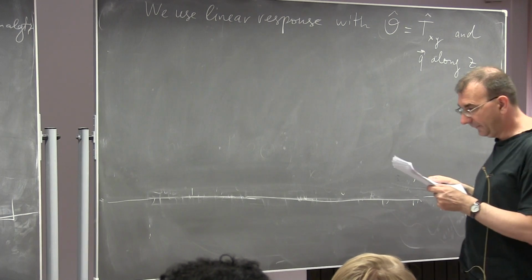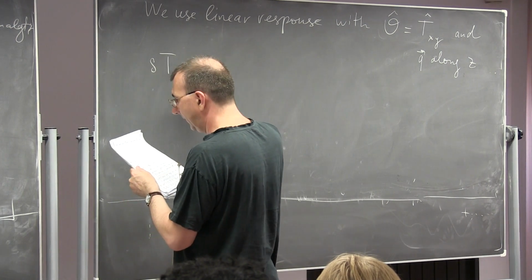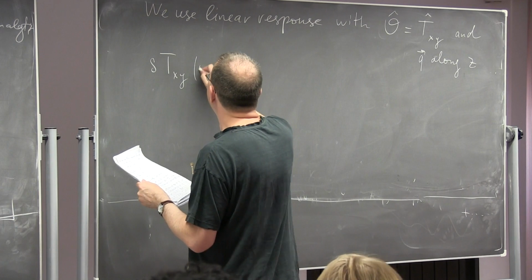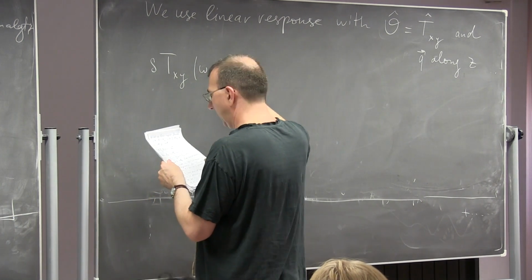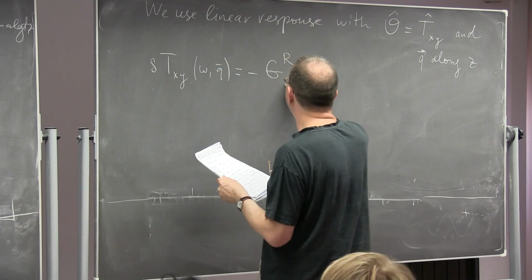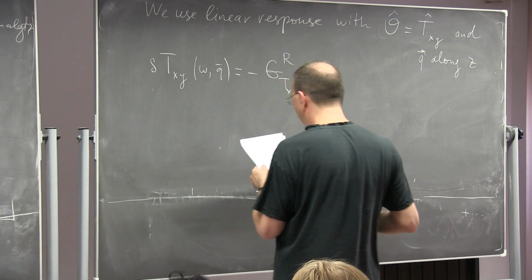So choose this. Then we have the delta of Txy, which is the expectation value in Fourier space, is proportional to, with the coefficient of proportionality being the retarded Green's function of the component xy of my energy momentum tensor.